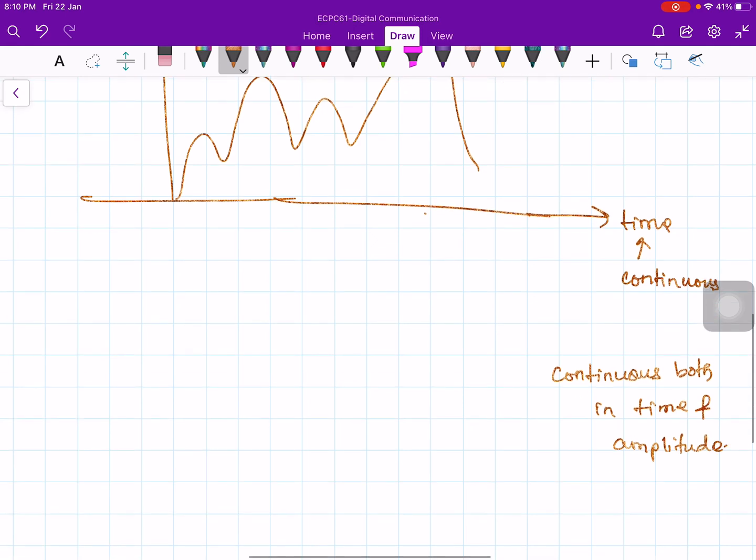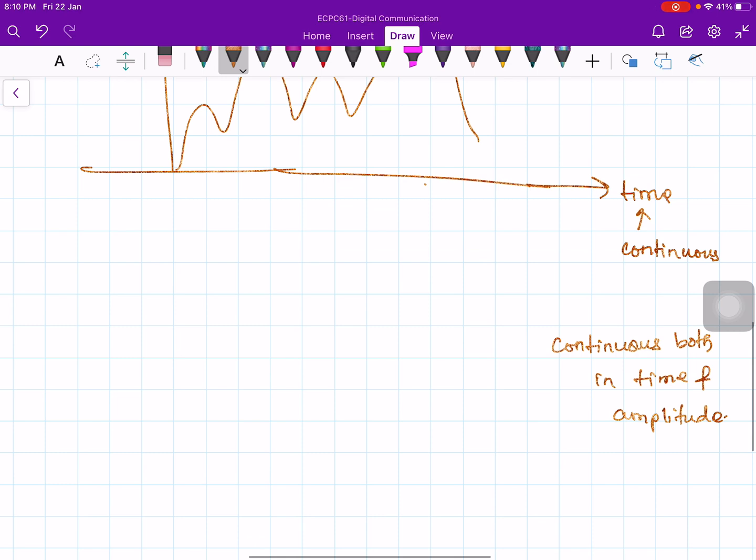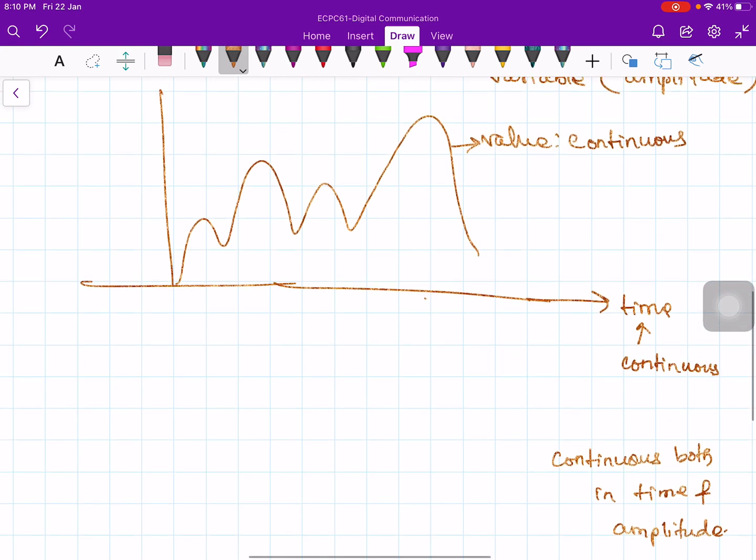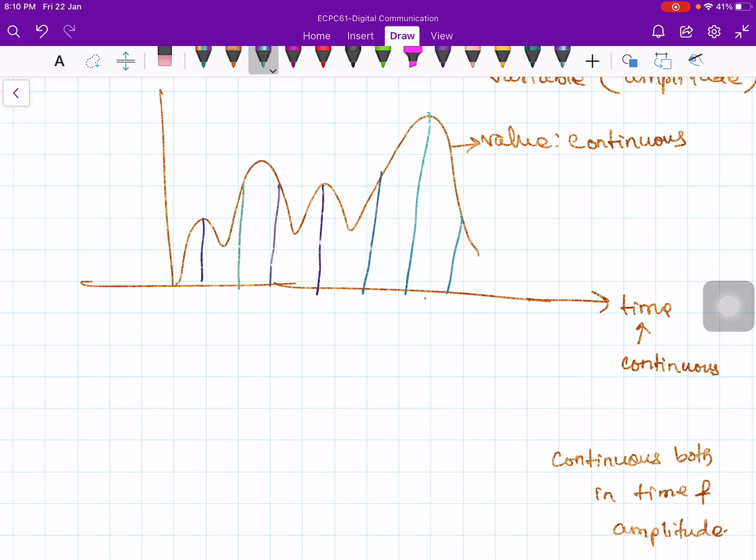The first thing that you do is sample it. We are talking about sampling at Nyquist rate, and let's say these are the samples. You take the samples like this at regular intervals.